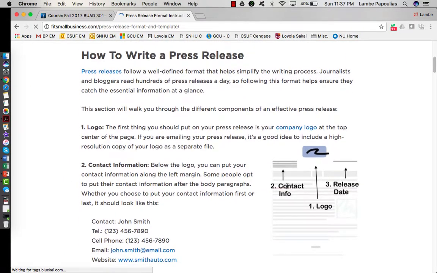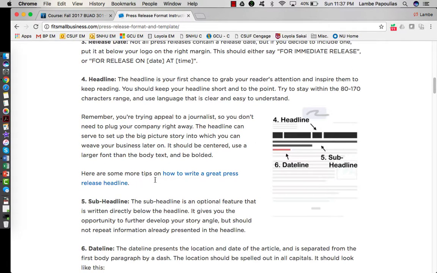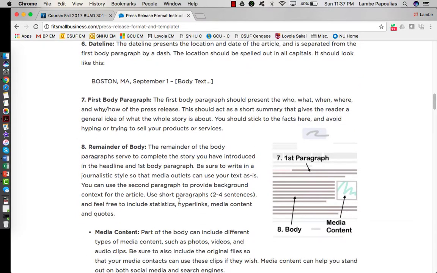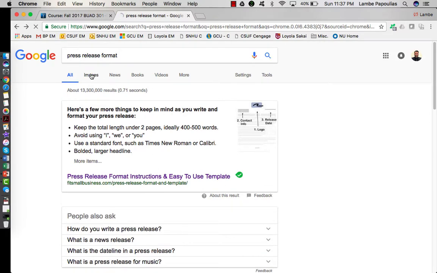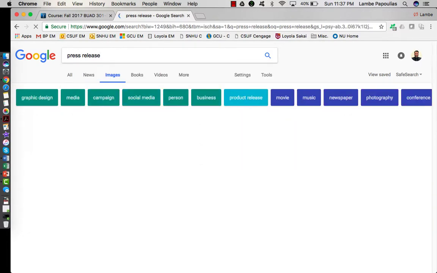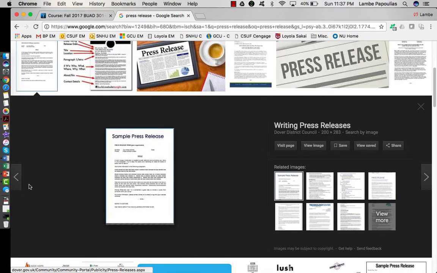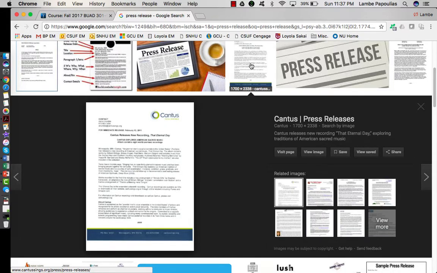So how to write a press release. You have a logo, contact info, a release date, and headline. Subheadline, dateline, first paragraph, and main body. It really breaks it down. You can even click on images to see the different press releases. So you can see there are different press releases. You can take a look at them.